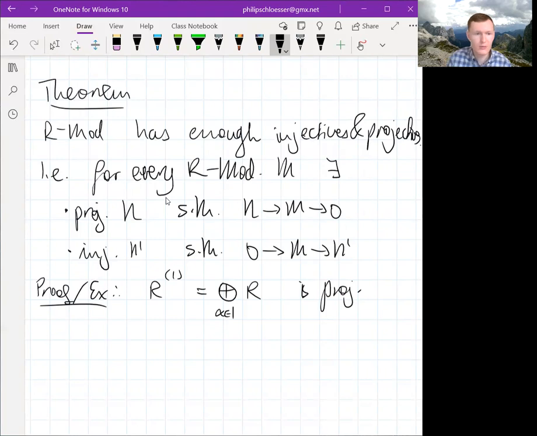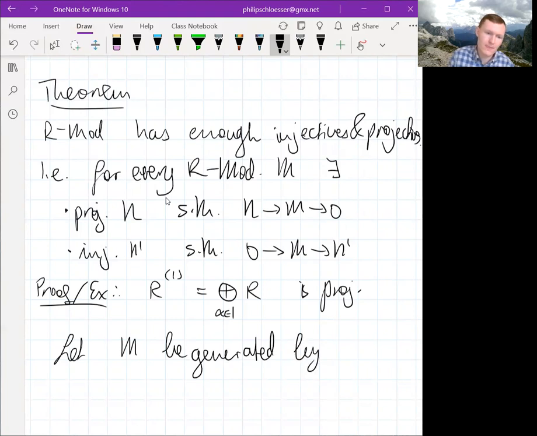And how do we build such a surjection? We know that any kind of module always has a generating set. Let M be generated by some objects X alpha for alpha in some set.